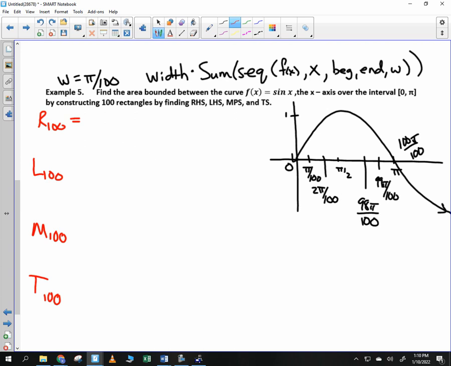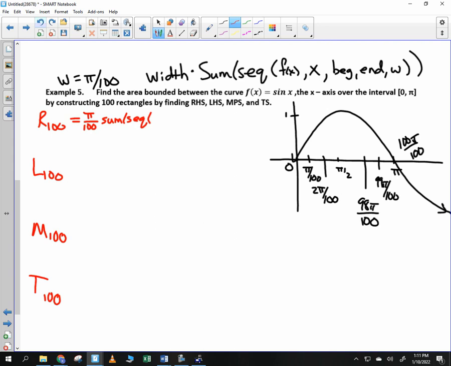So what is the width in this scenario? So I have pi over 100. And into my calculator, I'll type in pi over 100. I will type sum. I'll type sequence. And I list then the function. What's my function?